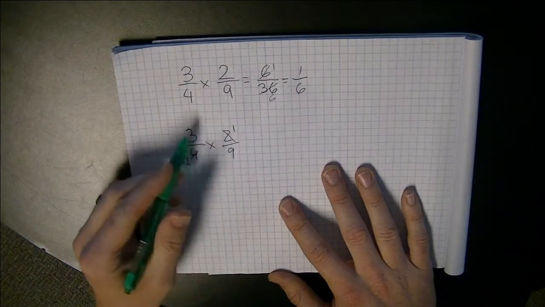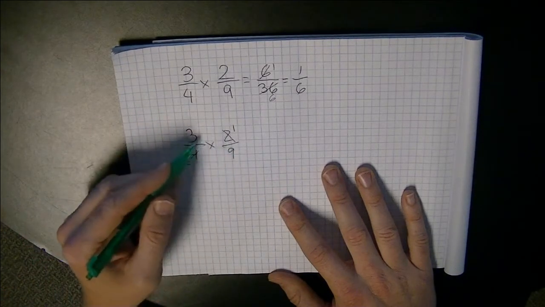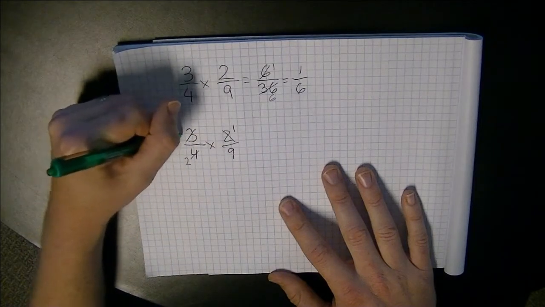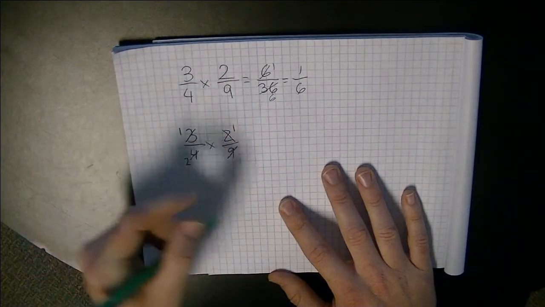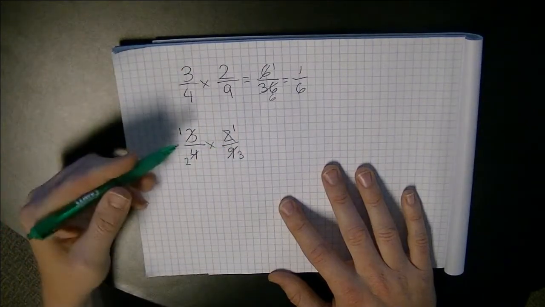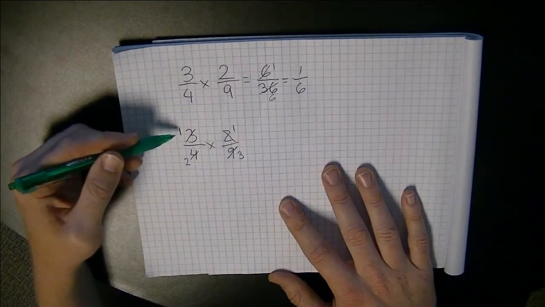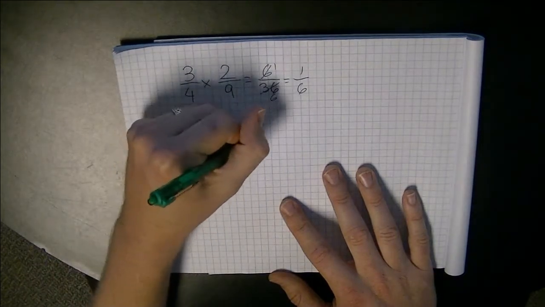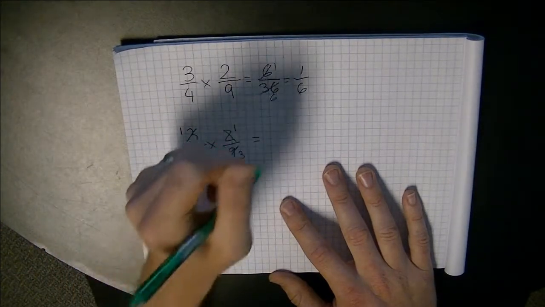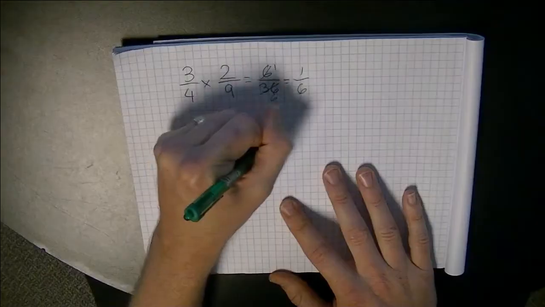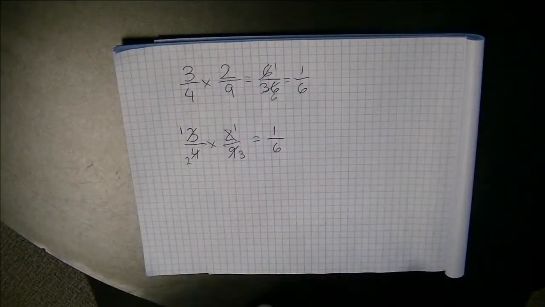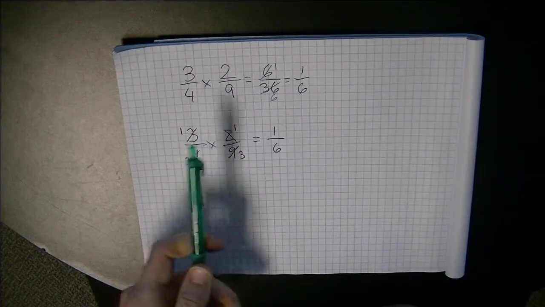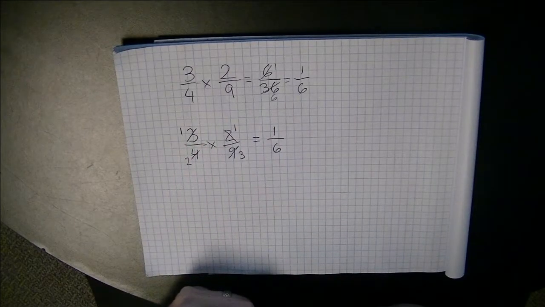Once again, there's a factor of 3 that goes into both 3 and 9. So the 3 turns into a 1, and the 9 turns into a 3. Now 1 times 1 is 1, and 2 times 3 is 6. That gets me my answer with less writing.